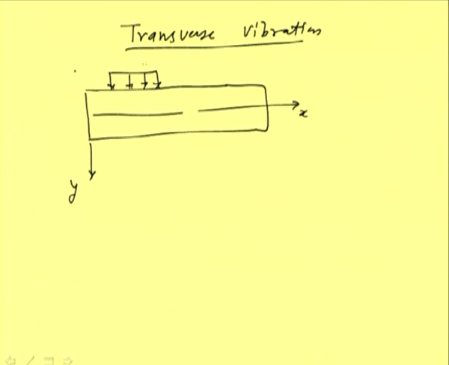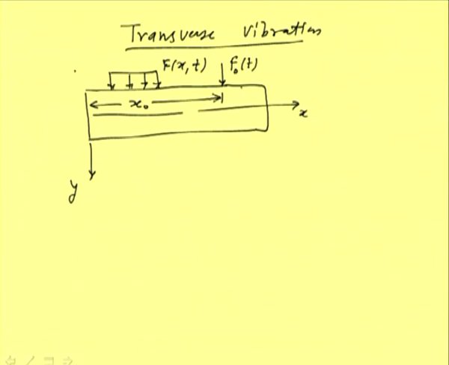Let us say this is the distributed load, which is function of x and t. There is concentrated load also, which is function of time, and the location of the concentrated load is, let us say, x0.